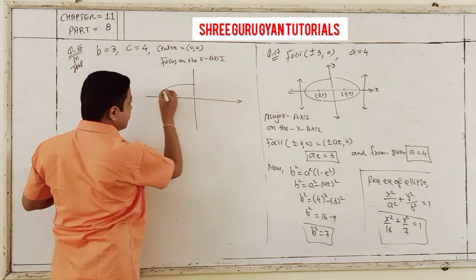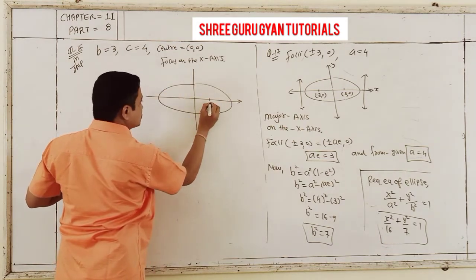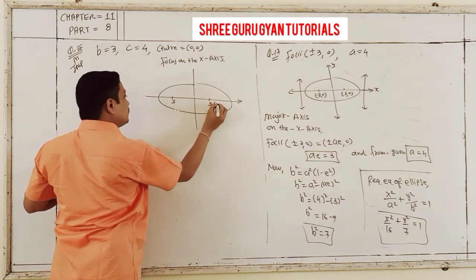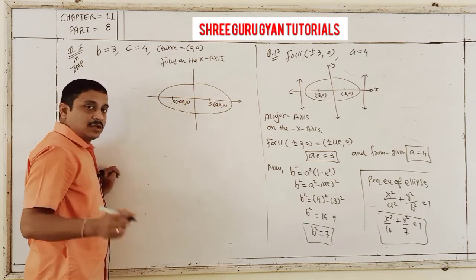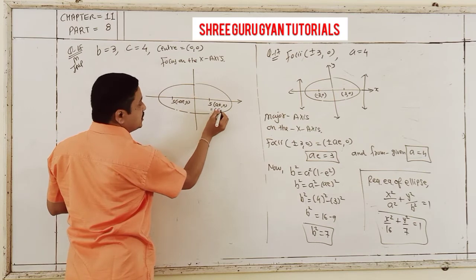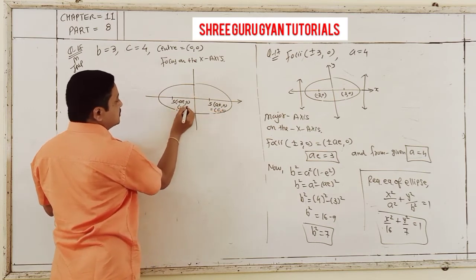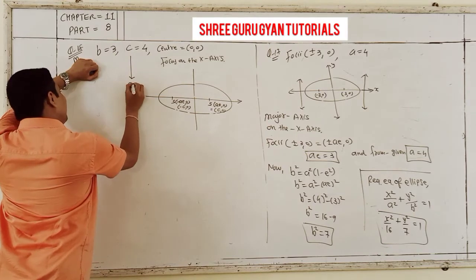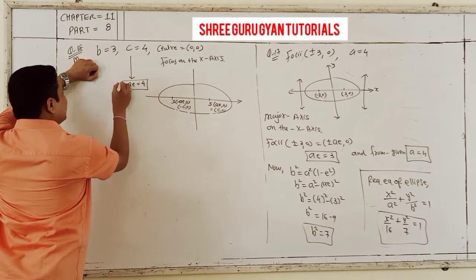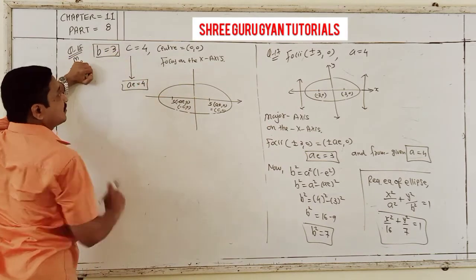Here the foci I already explained to you: (a, 0) and (-a, 0). But another meaning is also (c, 0) and (-c, 0). That is c given. It means c is nothing but ae. And b, you know, is 3.